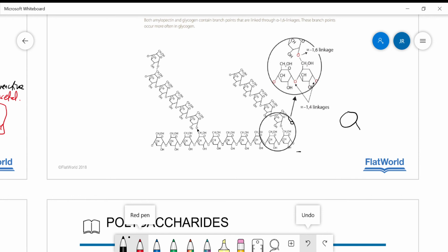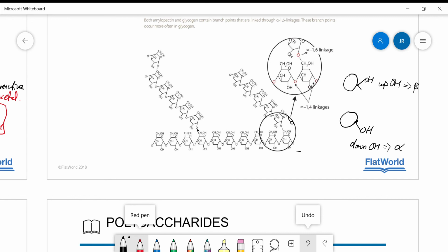So the anomeric carbon here, if the OH is down, we said it's the alpha form, and the anomeric carbon here, if the OH is up, an up OH we said was beta.